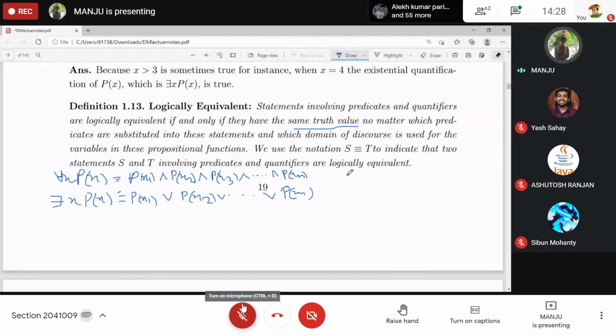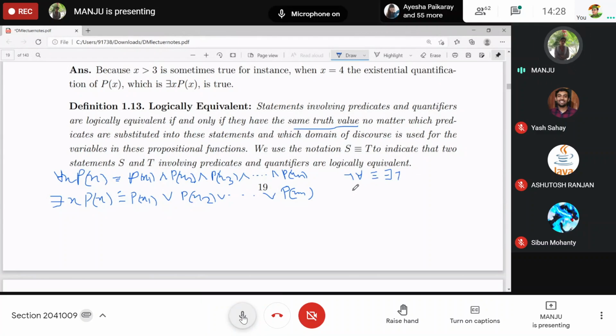That means negation of for all will be equivalent to there exists x, negation of P(x).